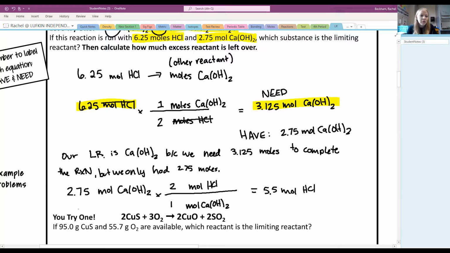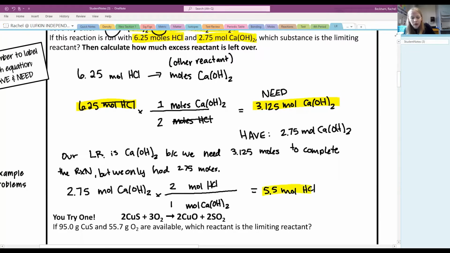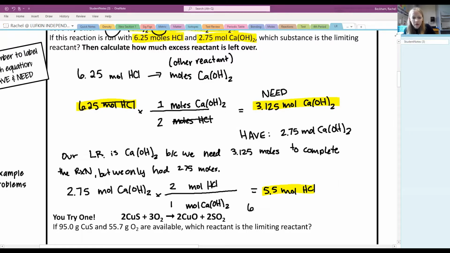So we know that this is what limits us, right? And so if you put in 2.75 moles of calcium hydroxide, you would need to use 5.5 moles of the hydrochloric acid. Okay, so we started with 6.25 moles of HCl, and we know that we're going to use 5.5. So if it asks how much is left over, we're just going to subtract to get our answer. 6.25 minus 5.5.